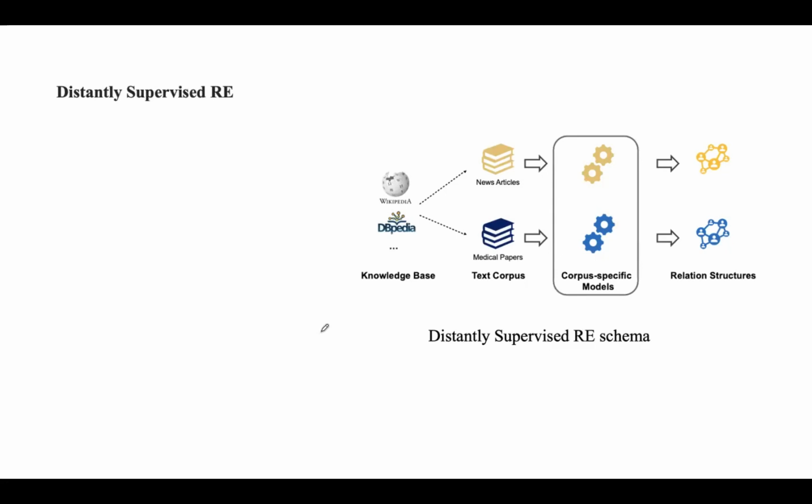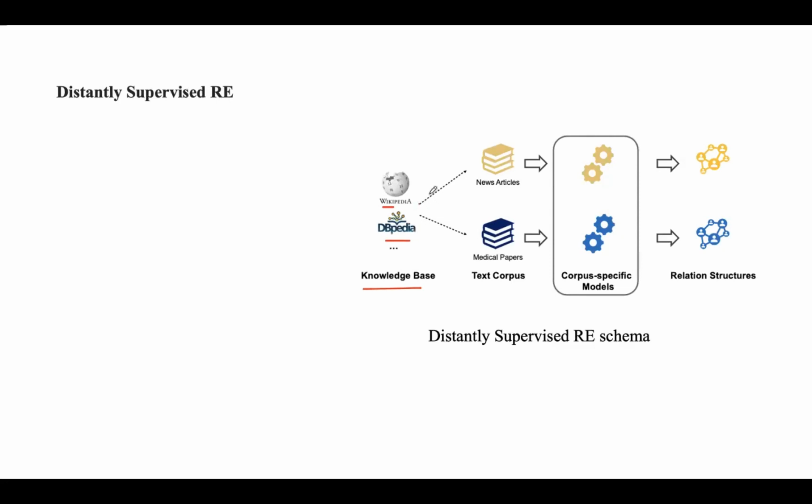Instead of providing a set of seed tuples ourselves, we can take them from an existing knowledge base. The knowledge base can be Wikipedia, DBpedia, Wikidata, Freebase, etc. So we are going to extract seed tuples from this knowledge base, not defining them ourselves, as we did in weakly supervised relation extraction.